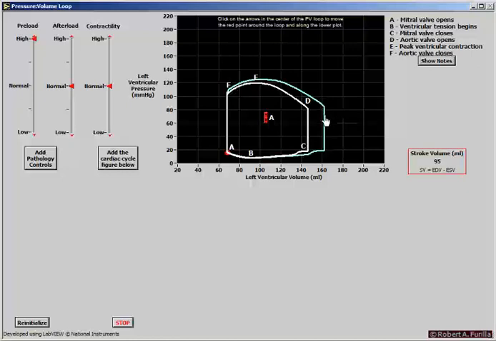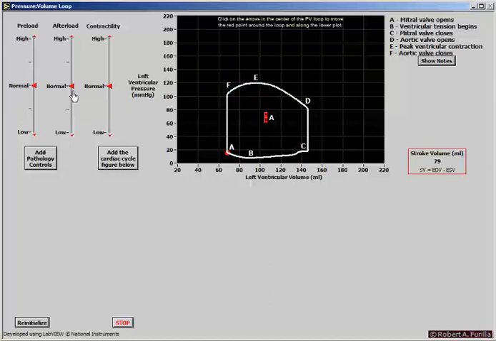This is the direct result of the Frank-Starling relationship. Stretch the heart, you cause an increase in contractility, and that causes an increase in the ejection of blood from the heart. The opposite occurs if I were to decrease the preload. The less blood enters the ventricles, the ventricular contractile force decreases, and we eject less blood.